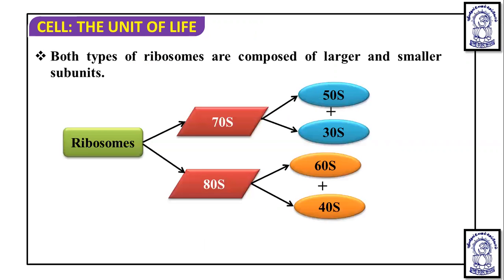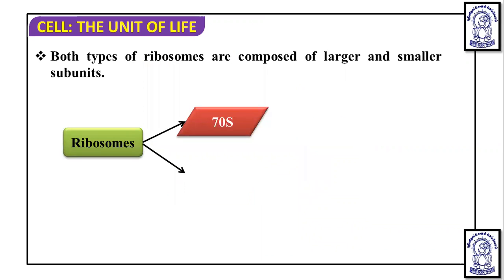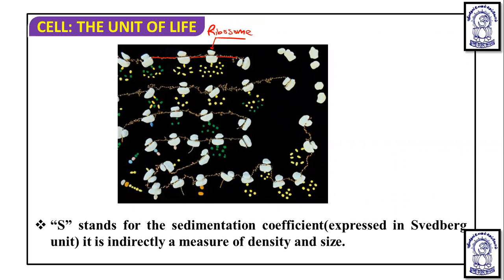Now, what is the Svedberg unit? First, we need to understand that. Svedberg, for the sedimentation coefficient, took a capillary tube with a liquid viscous fluid, and in the viscous fluid he floated the isolated ribosome.